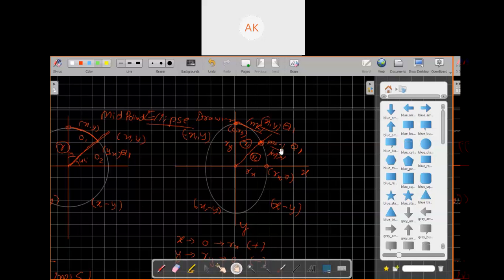So we calculate the condition where we have to stop calculating points in region 1 and enter region 2. In region 1, the magnitude of the slope of the tangent is less than 1, and in region 2 it is greater than 1, and at this point m is −1. Based on this, we have calculated our condition. Just simplify your equation of the ellipse, put the value of dy/dx equal to −1, and find the condition of where region 1 is ending and where region 2 is starting.